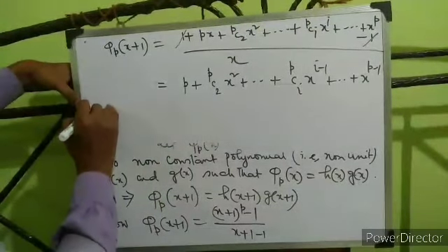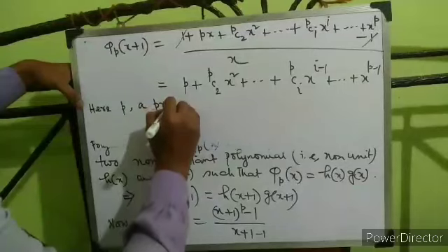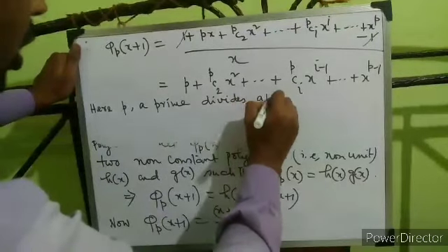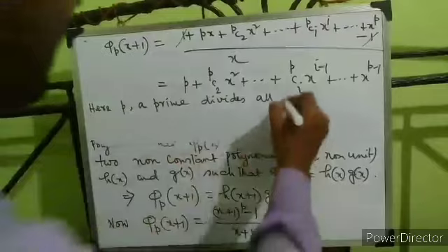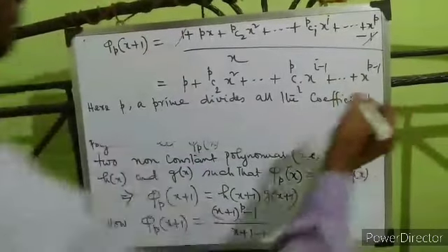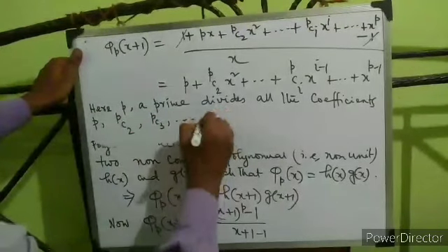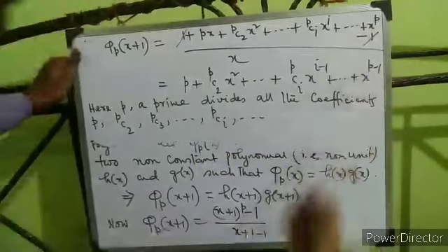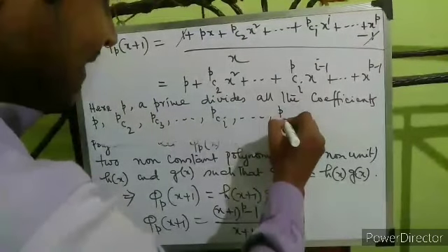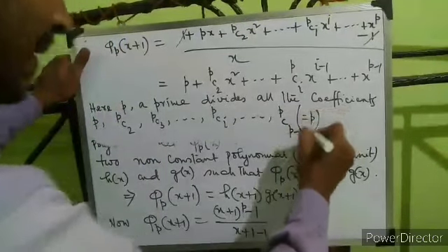So here p, a prime given, divides all the coefficients p, pc2, pc3, dot dot, pci, and the coefficient of the second last term, which is also pc p minus 1, that is equal to p.